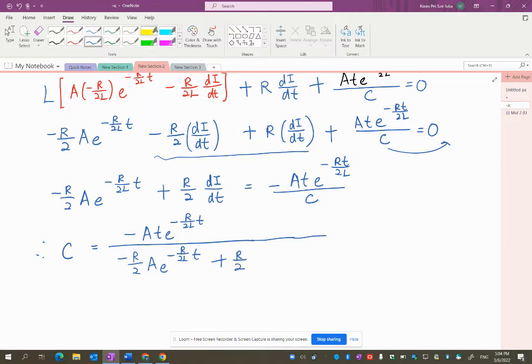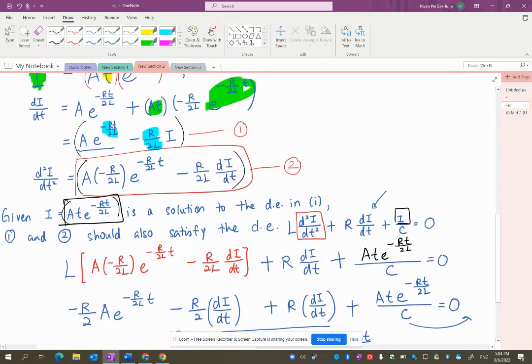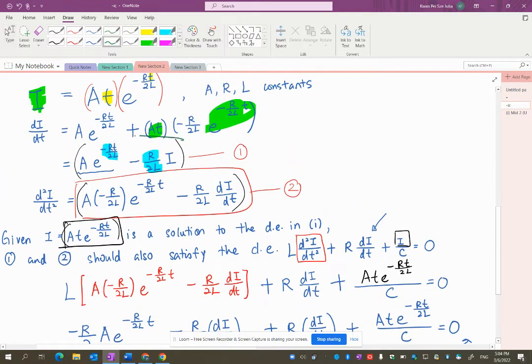Of course, you can sub it earlier if you want to. I'm going to replace this with equation 1. So this whole chunk here, I'm going to plug it in.